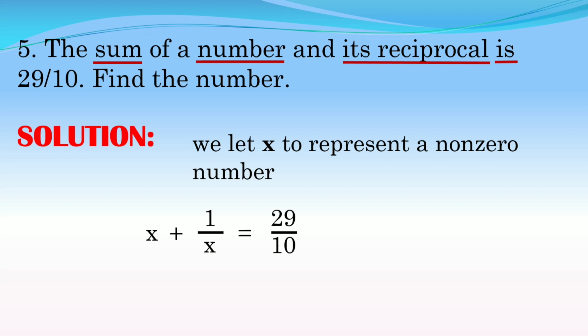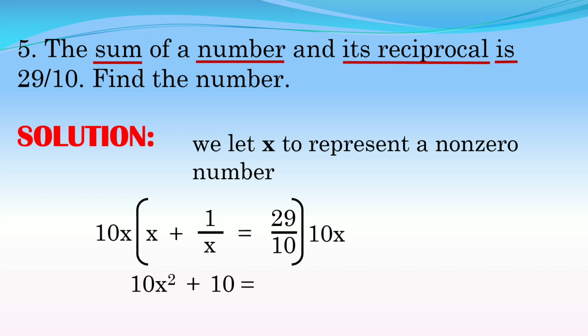And then, ganun pa din, kailangan natin kunin yung common denominator nila, which is 10x. So, multiply both sides by 10x. So, 10x times x is 10x squared. 10x times 1 over x is equal to 10. 29 over 10 times 10x is equal to 29x.